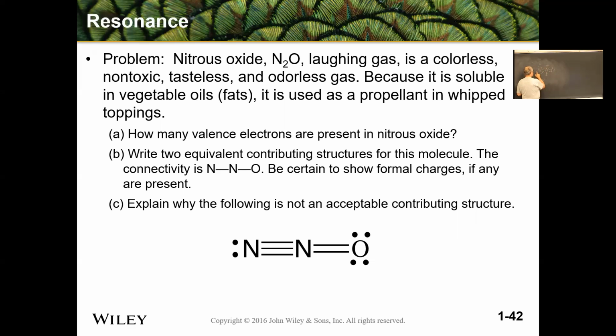Since this non-bonding pair became a bonding pair, we now have a triple bond. And this bonding pair became a non-bonding pair, so there's a single bond to the oxygen. Nitrogen is still positive, has 4 bonds.